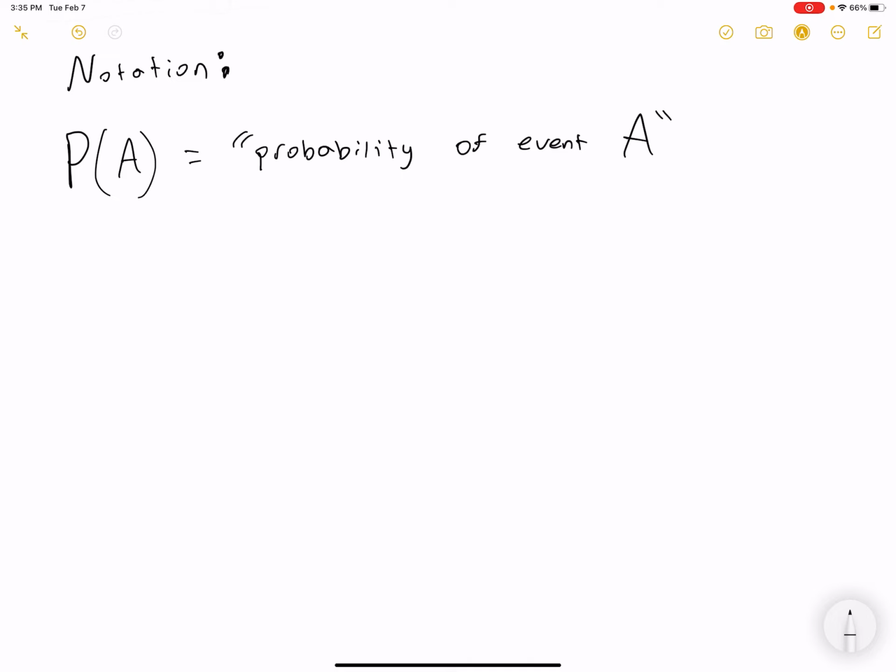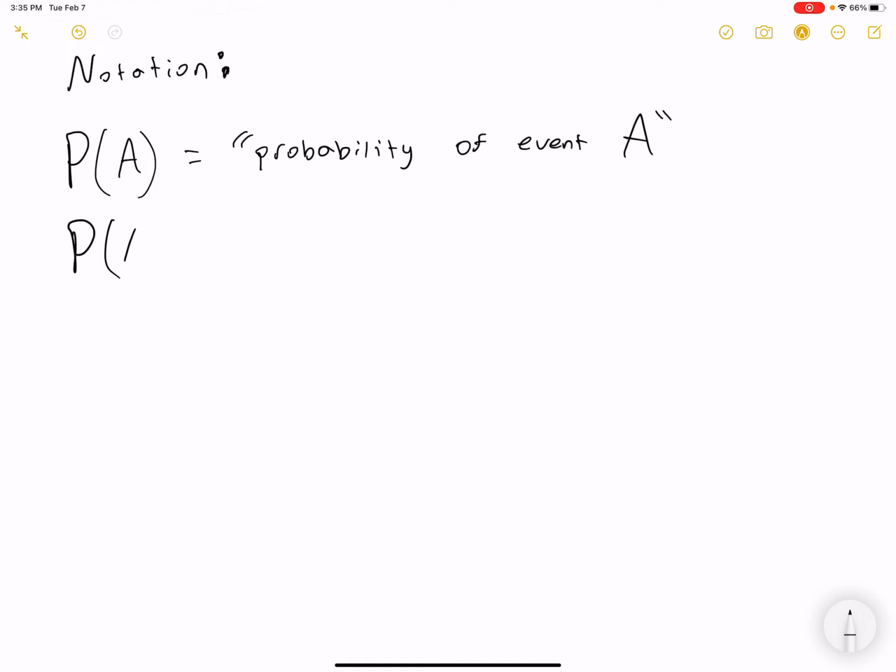So event A would be hitting the home run. So let's say that your probability is 35%, which is pretty high. Then you would write P of hitting home run equals 0.35.